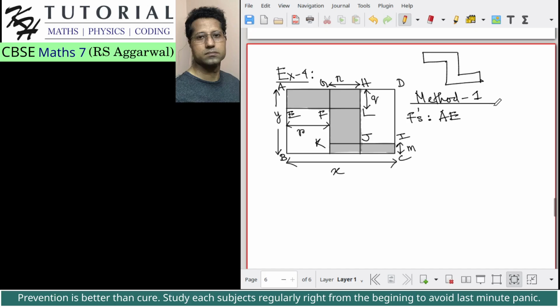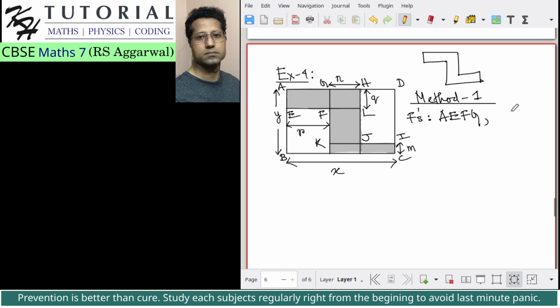in forming the rectangles or dividing the shaded region into rectangles, so that I must be able to know their dimensions. So if I consider the rectangle AEFG as one such rectangle, I need to know EF is already given to be R, okay, and FG we already know is Q. Okay, so I know the dimension, that is the length and breadth, of the rectangle AEFG.